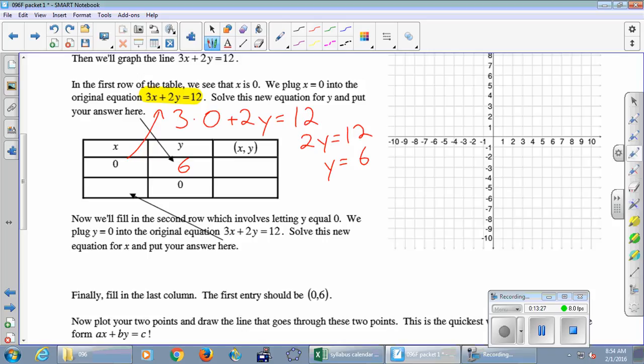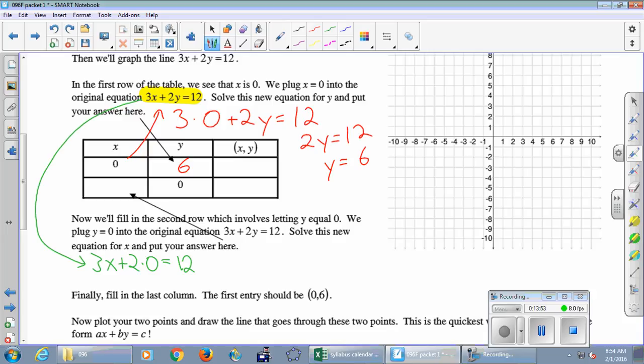And then we'll play the same game, but now we're in the bottom row. We're going to let y equal 0. Again, going back to the original equation, 3x plus 2 times 0 equals 12.